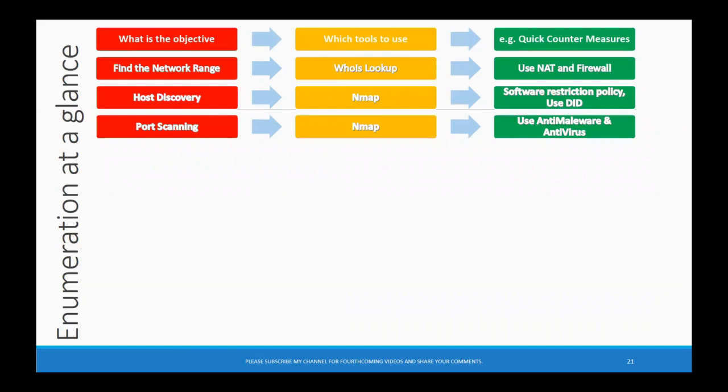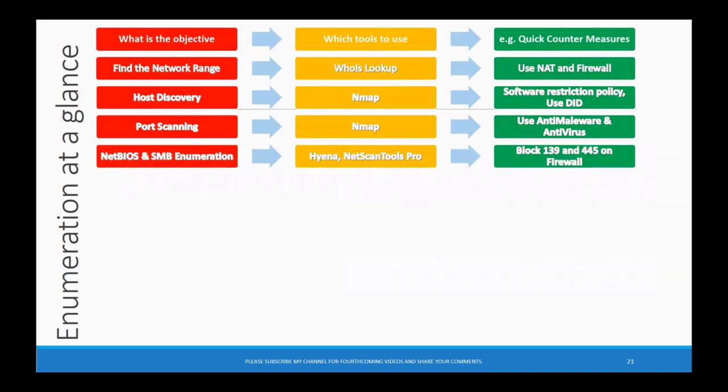The next, port scanning. Here we also use Nmap. Again, as a protection, we can use anti-malware, antivirus. Next, the enumeration main step started: NetBIOS or SMB enumeration. We have seen so many tools for that, like Hyena, NetScan Tools Pro, then NBTScan. Here we can block 139 and 445 on the firewall.